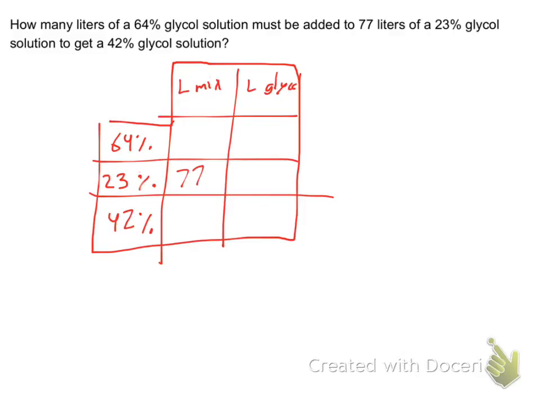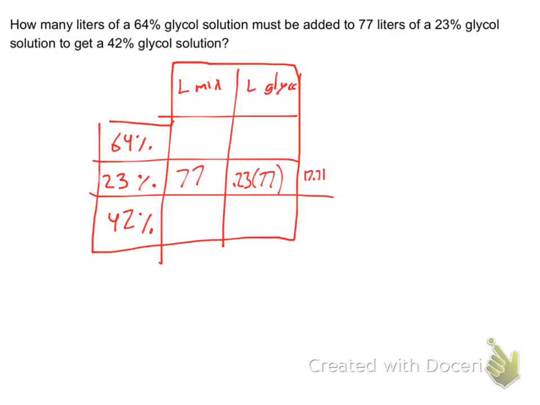And then we could take 0.23 times 77. That'll tell us the amount of pure glycol in that 23% with 77 liters of it. How many liters would you have? You would have a whole bunch. 17.71 liters of pure glycol.